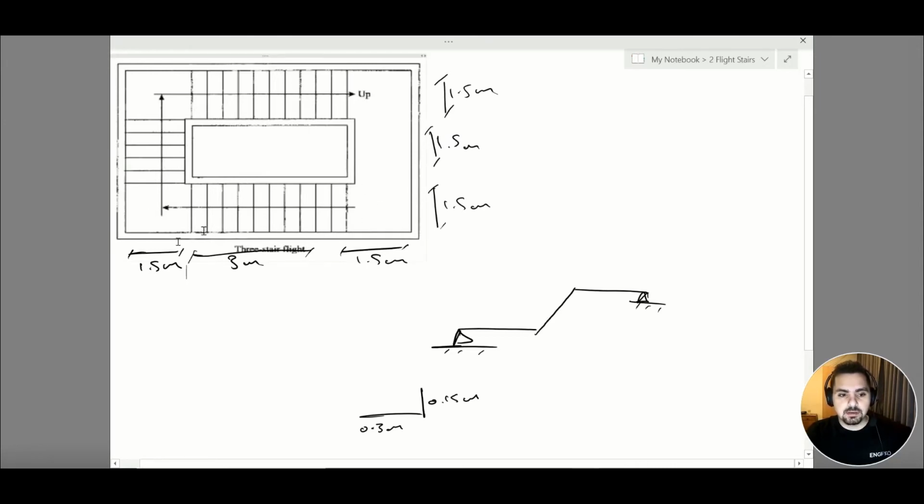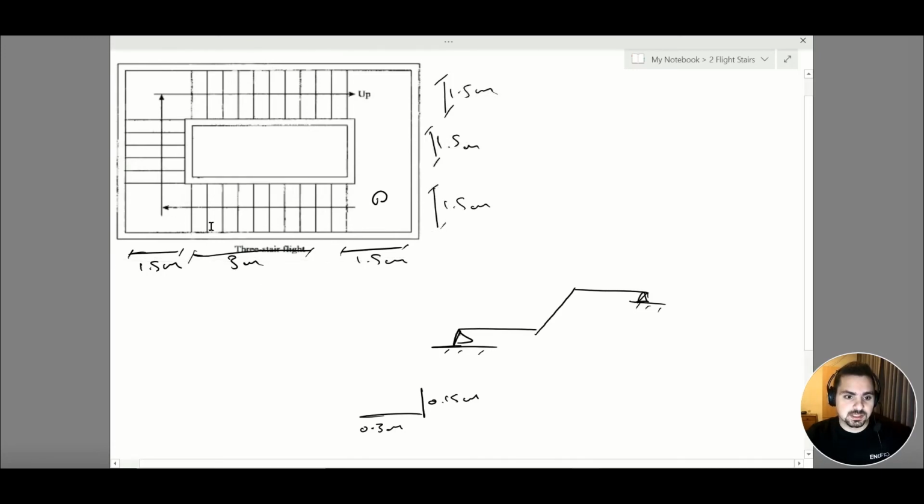Now that we found our dimensions here, it is time to find our elevation. So this is our zero level. Now to find this elevation here, we need to again count the number of steps. So it's one step up, two steps up, 3, 4, 5, 6, 7, 8, 9, 10, 11.